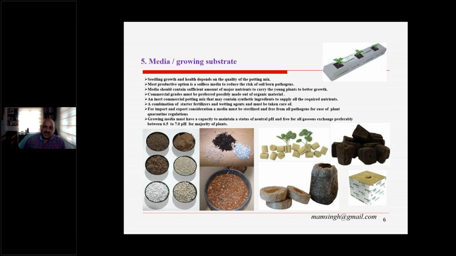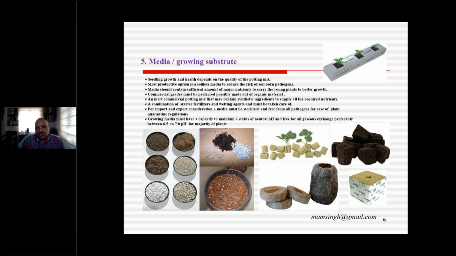Normally, sometimes fizzy plugs are also used, pots also used, or rock wool plugs, and also 4x4 inch peat moss containers or rock wool containers. By adding water, they will swell, and then gradually the root distribution will take place.